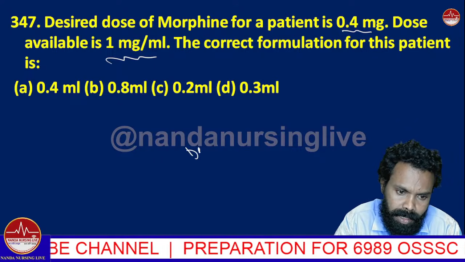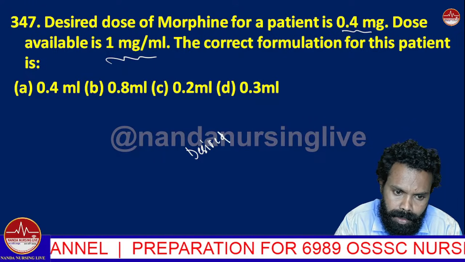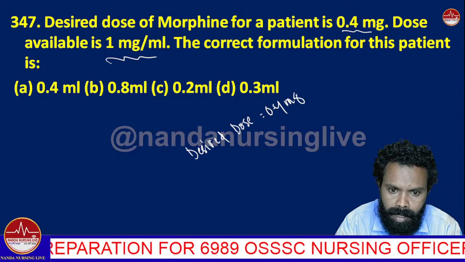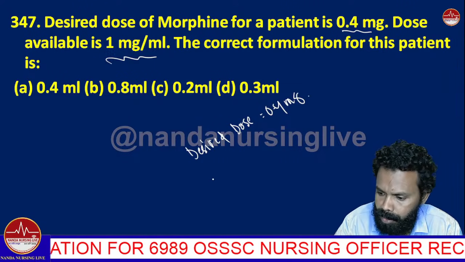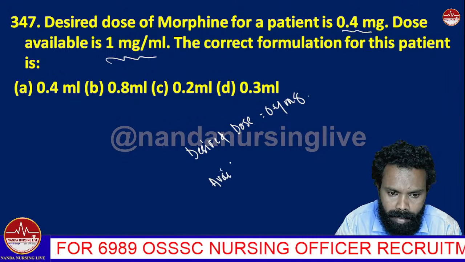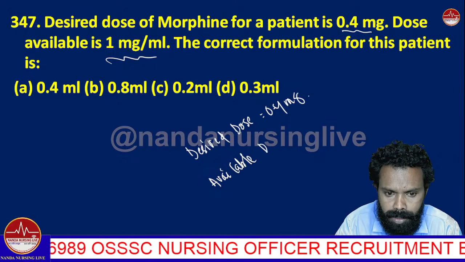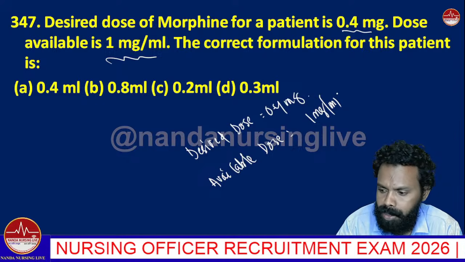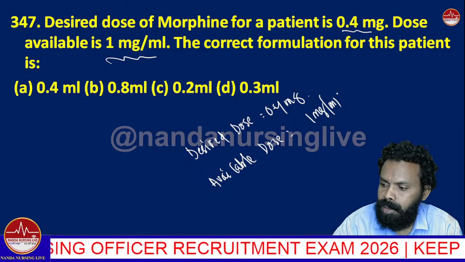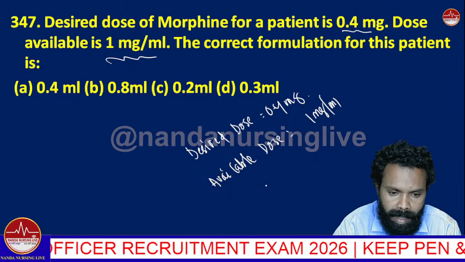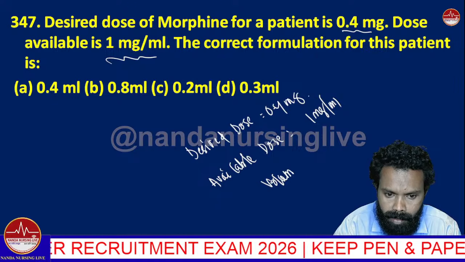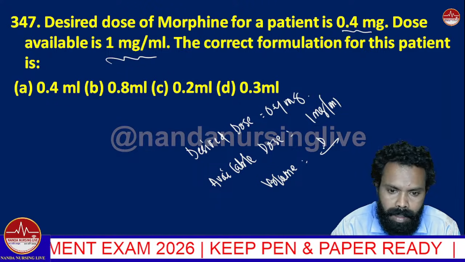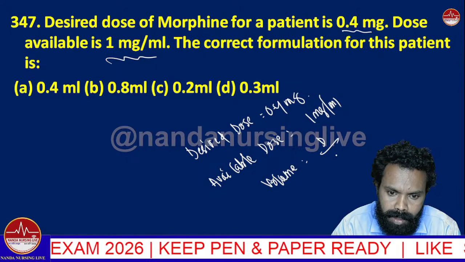So what is the desired dose? Desired dose equal to 0.4 milligram. And what is the available dose, the available concentration? 1 milligram per ml. So the answer will be: volume equal to desired dose divided by available dose in hand.